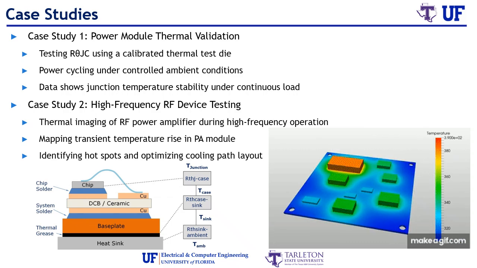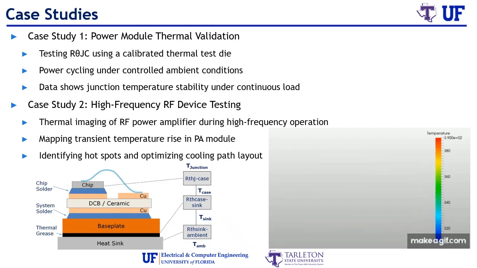By monitoring the junction temperature over time, engineers were able to confirm that the device maintained thermal equilibrium during continuous operation, verifying the effectiveness of the heat dissipation design. The cross-sectional diagram on the left illustrates the thermal path from the chip through the solder layers, baseplate, and heatsink.